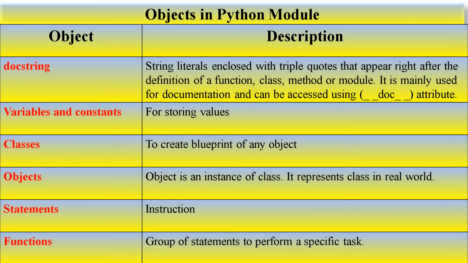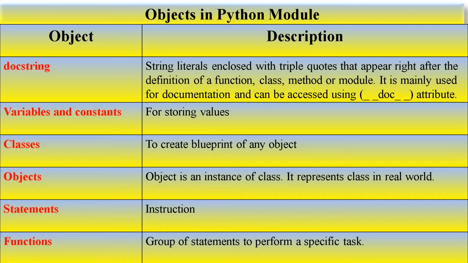Let's learn about the objects in a Python module. Docstring. String literals enclosed with triple quotes that appear right after the definition of a function, class, method, or module. It is mainly used for documentation and can be accessed using the __doc__ attribute.